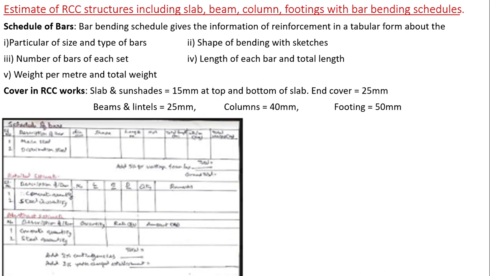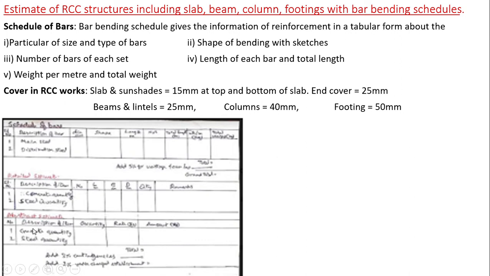Table of detailed estimate contains the various columns like serial number, description of item, number, length, breadth, depth, quantity, and remarks. Remarks column can be used for minor calculations. And the third table, that is abstract estimate table, gives you the total cost of construction for that member.